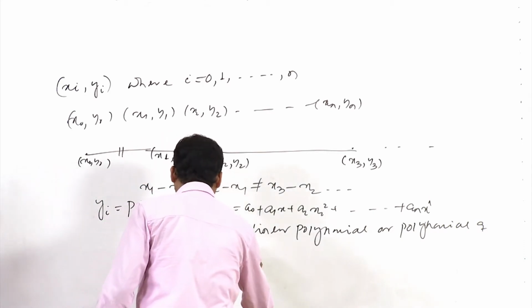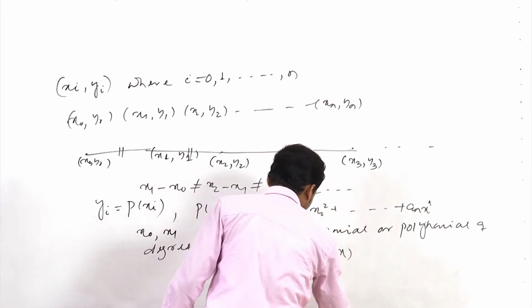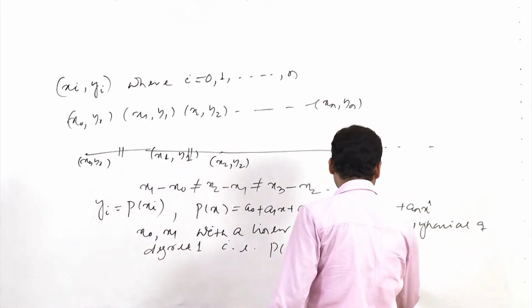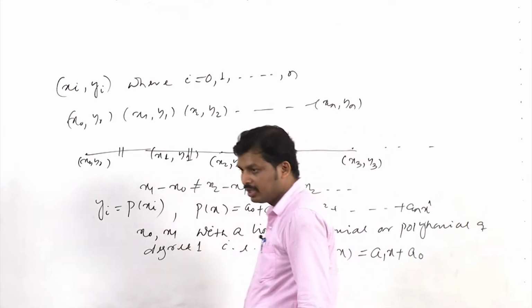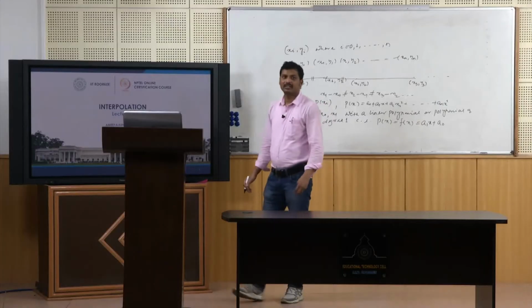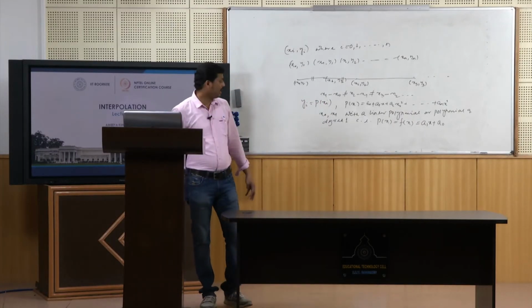That is, p of x equals f of x here, which can be written in the form a1x plus a0. And we approximate this function with a polynomial to determine these coefficients a0 and a1.